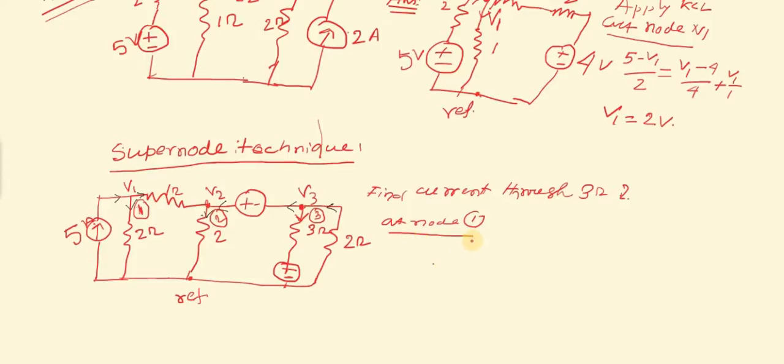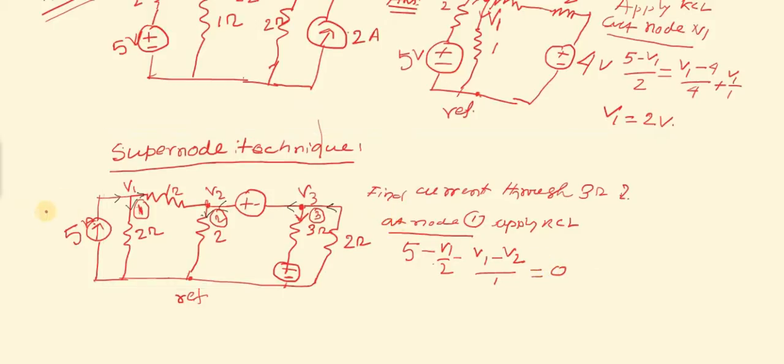So at node 1, applying KCL, what will the equation be? That current 5 minus this current V1 by 2 and this current V1 minus V2 over 1 equals 0.